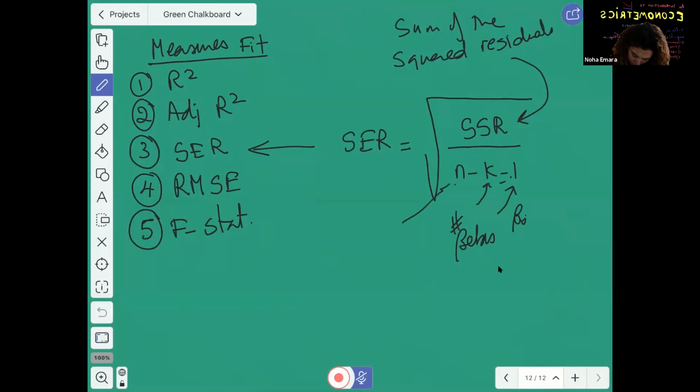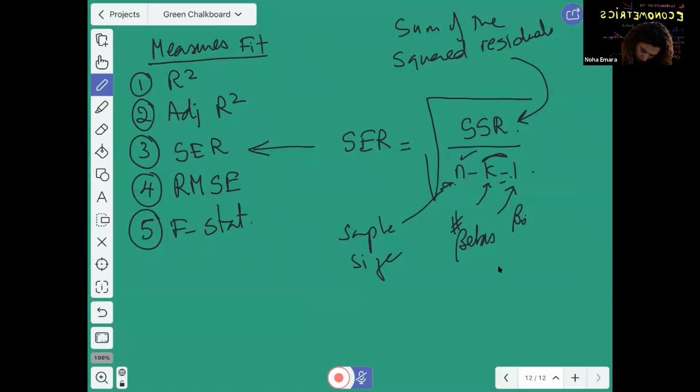And this is the sample size. So I want you to think about SSR as the sum of the squared errors divided by the sample size, adjusted for degrees of freedom. And of course, if I have a large sample size, then this adjustment doesn't really matter. And you're taking the square root of that.